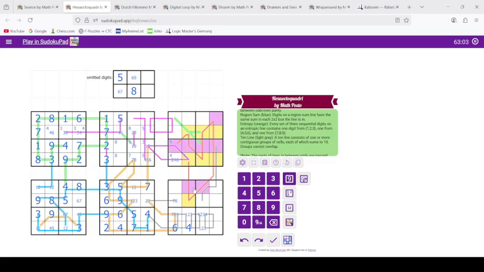If this were a 9, that'd be a 9. If this were a 1, then that'd be an 8.